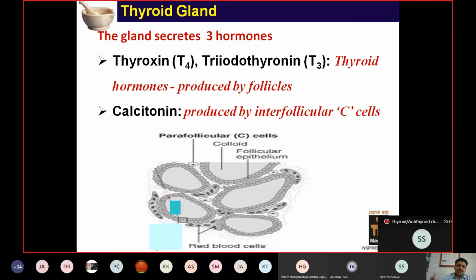We will talk about calcitonin in the next chapter on calcium balance. Today we will be talking about T4 and T3. Okay, got it?